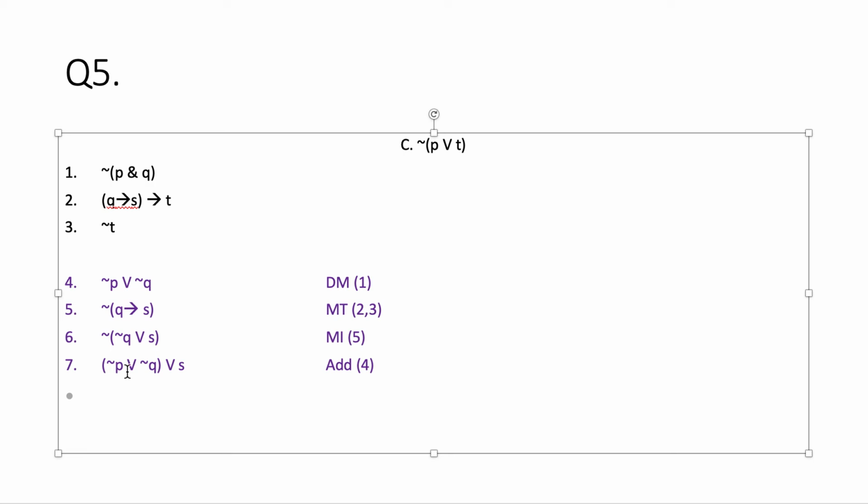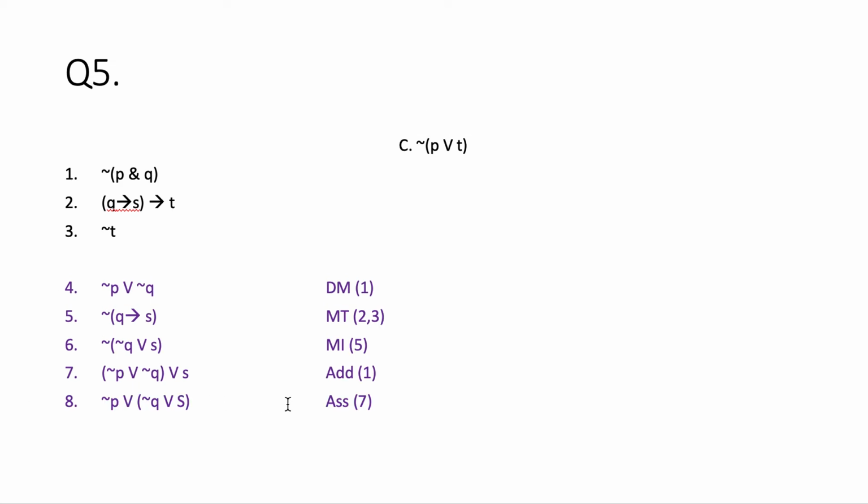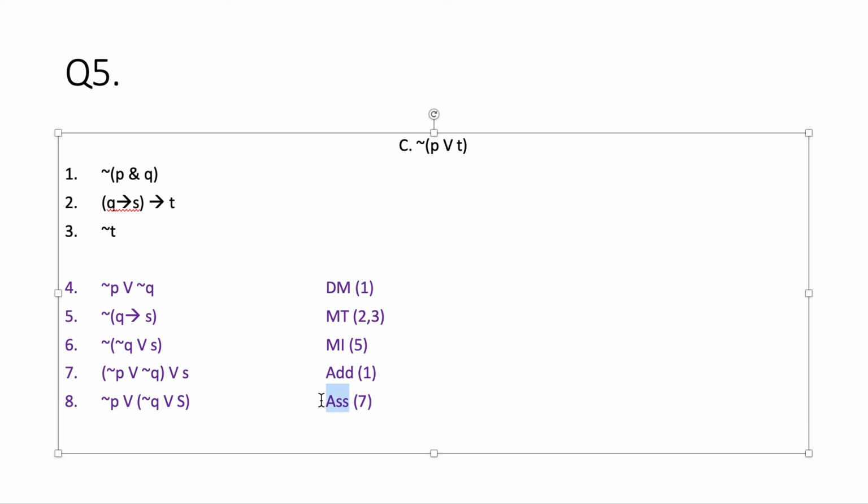Okay, and why have I done that? Well, I thought here I have a negation of a disjunction. If I add a not S to this to produce this, then I'm going to use the rule of associativity, on line 7 to produce the disjunction of not P or not Q or S. So I went from this disjunction to this disjunction by the rule of addition, and now I've turned it into this disjunction by the rule of associativity.